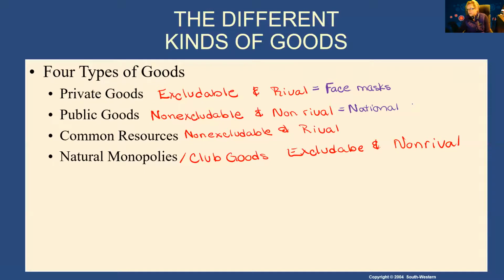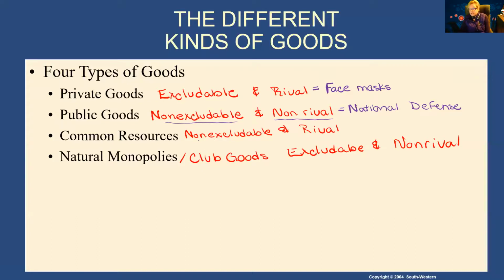We say national defense is the purest of all public goods. And the reason is you can't prevent somebody from getting national defense. They might be here legally or illegally. Everyone gets national defense. And simply because one person gets national defense doesn't mean that there's less to go around. Everybody still gets the same amount.